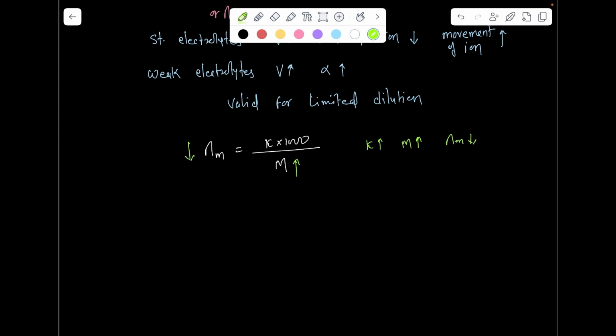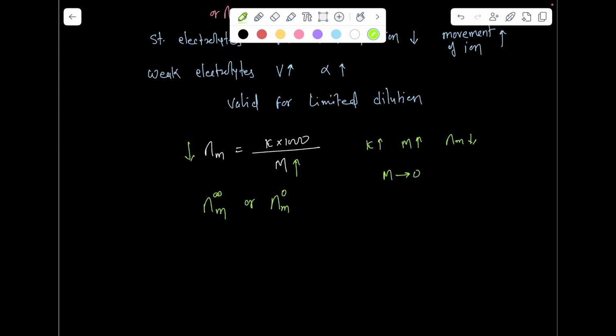So molar conductivity means the conductance is furnished by 1 mole of electrolytes only. So when the concentration is approaching 0, the molar conductivity is considered to be the limiting molar conductivity. So it's represented by lambda M naught.